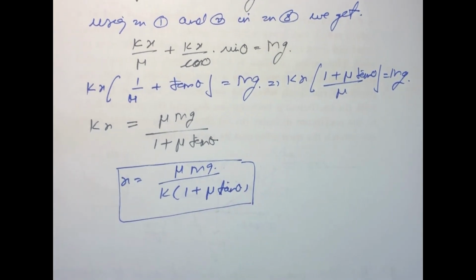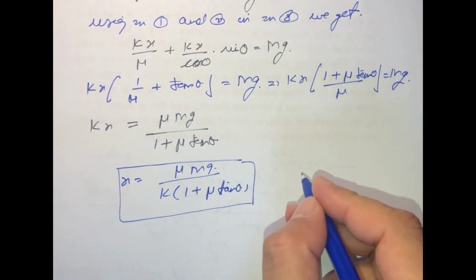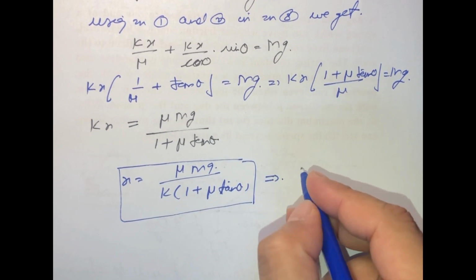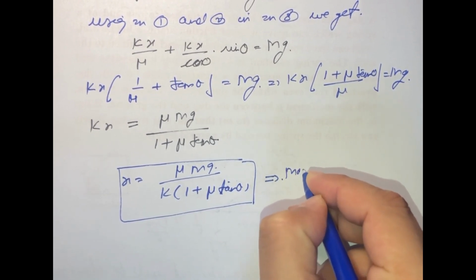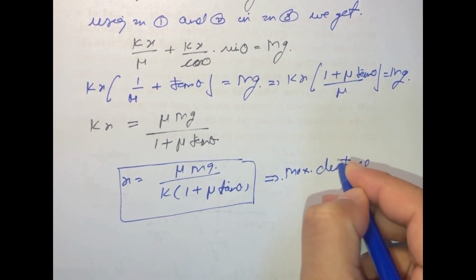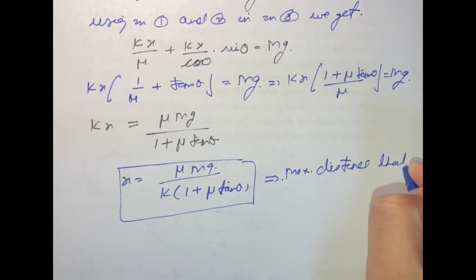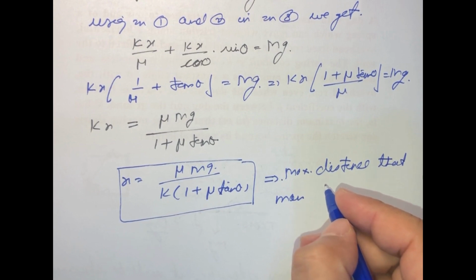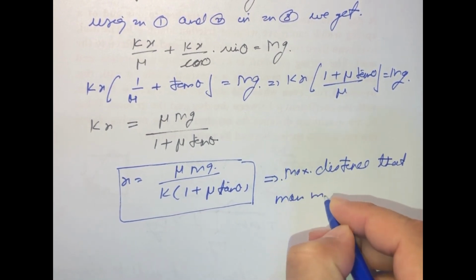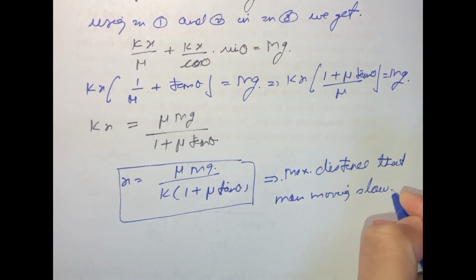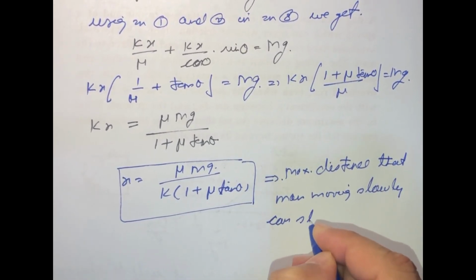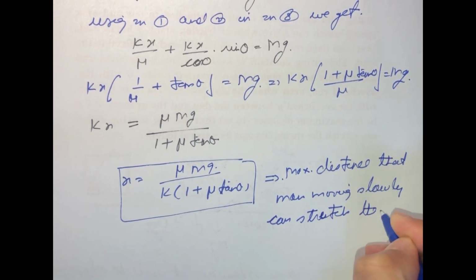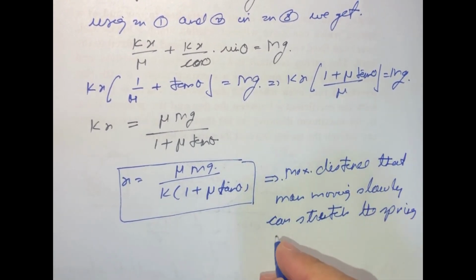So x is the maximum distance that the dog moving slowly can stretch the spring beyond its natural length.